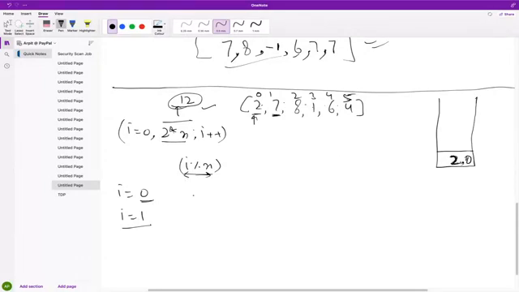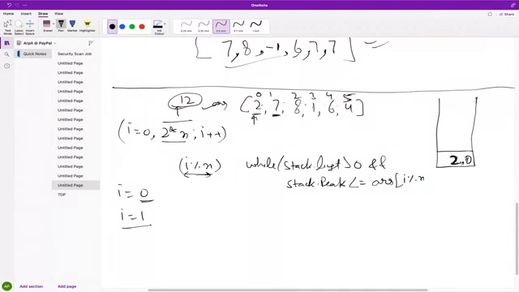Their while condition is like this: while stack length is greater than 0, this one we also have, and stack peek should be lesser than or equal to array of i mod n. You can see right now this is lesser, so we'll do stack pop.